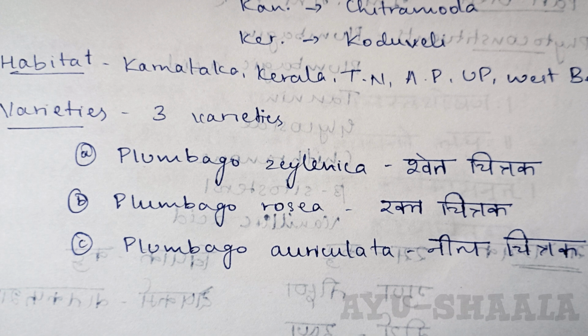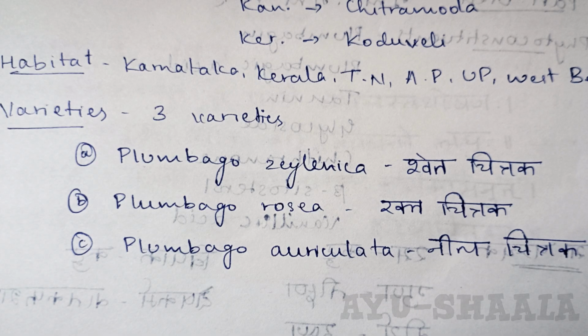First we will see according to Ayurveda: Shweta Chitraka, Rakta Chitraka and Neela Chitraka. The one which we learnt now, Plumbago zeylanica, is Shweta Chitraka, which is white in color. Then Rakta Chitraka, Rakta means red. Rose is red, so you can remember it like this.